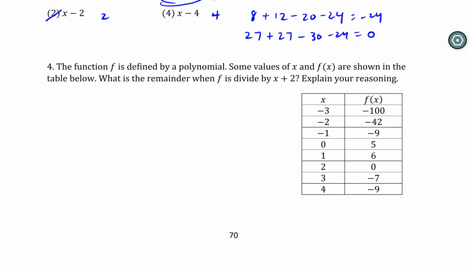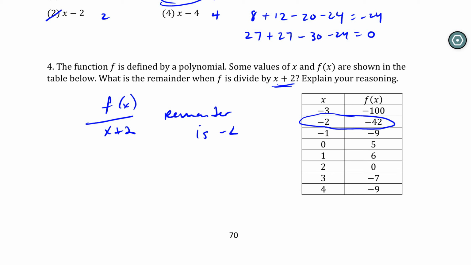The last question says, with this function f, it's a polynomial. It gives us some values for x and f of x, so essentially the coordinates of the points on the graph. And it says, what is the remainder of f when divided by x plus 2? Well, x plus 2, that's where we're going to look at an x value of negative 2. So I know if f of x is divided by x plus 2, the remainder is negative 42.